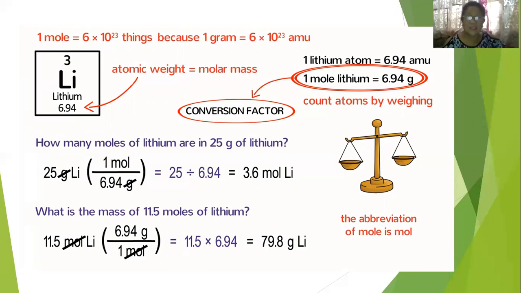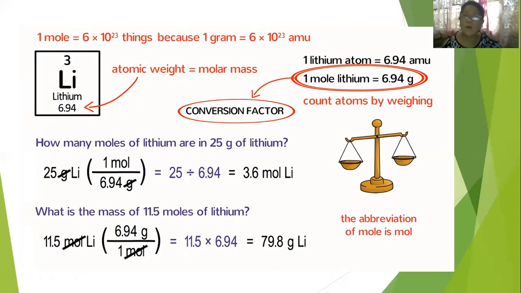As I have said, gram to mole, that is divide by the molar mass. What is the molar mass of lithium? That is 6.94. So we already know its atomic weight, that is equivalent to 6.94 grams per mole. As it is being said, you should reverse it.